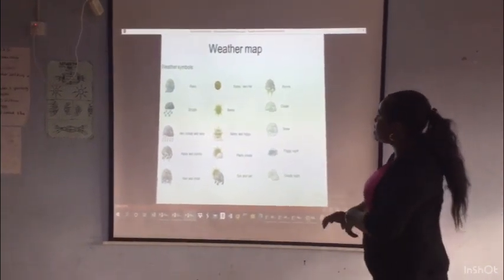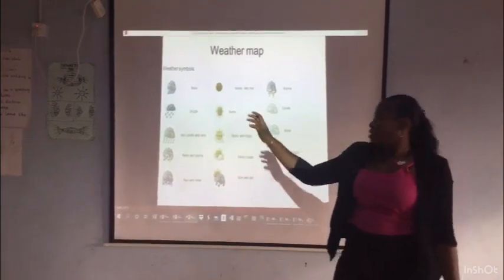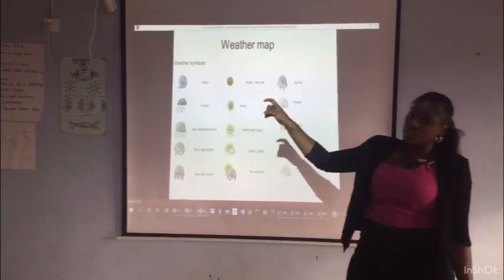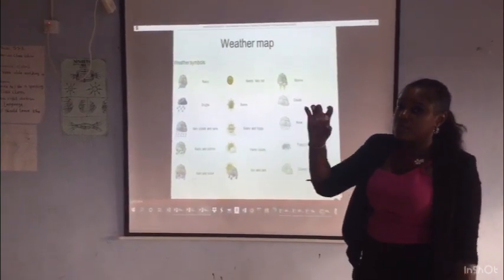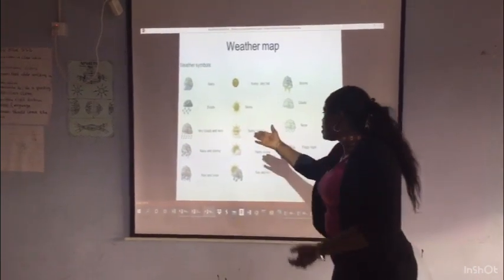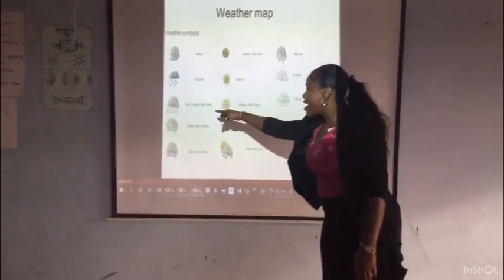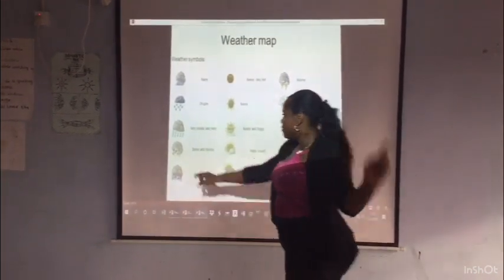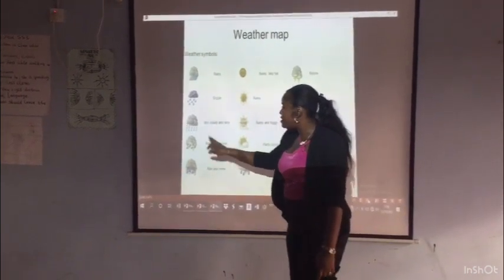And whenever you see this symbol, the meteorologist is trying to send a message that it's going to drizzle. Whenever you see this other one, it symbolizes very cloudy and rainy. This other one symbolizes rainy and stormy.